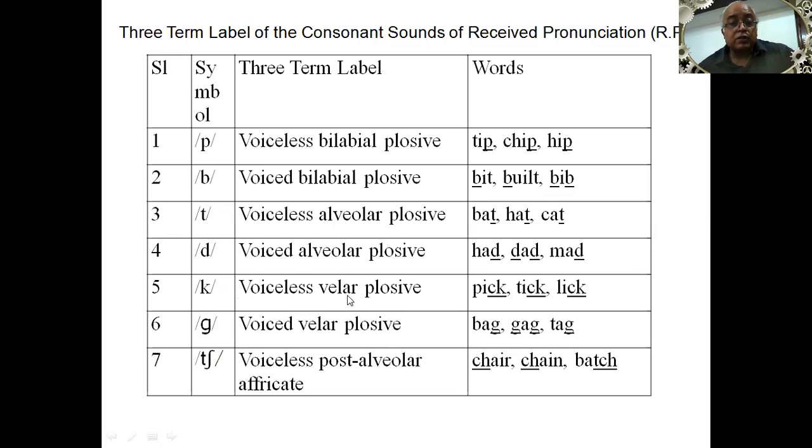Velar because the back of the tongue touches the soft palate or the velum. Plosive because there is a total closure, air is built up inside the mouth, and there is a sudden release. CK in pick, CK again in tick, CK again in lick. Next, G.